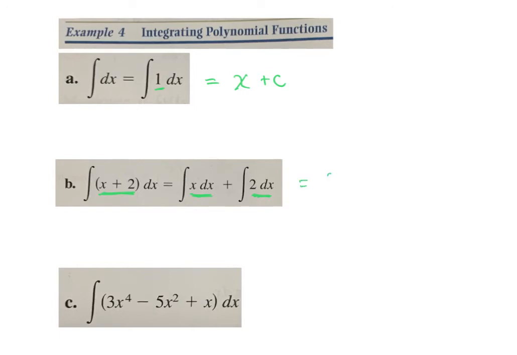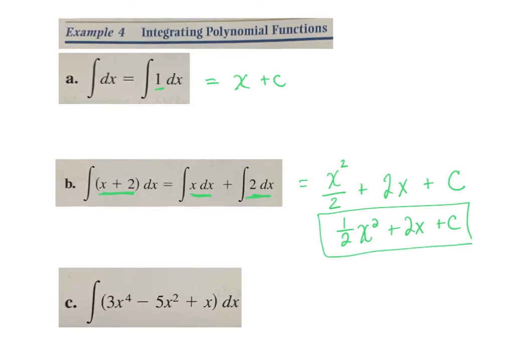So I'm going to say x to the 2 divided by 2, right? Plus, what's the integral of a constant? The constant times x, right? Plus c. And you can rewrite that as 1/2 x squared plus 2x plus c, right? That works.